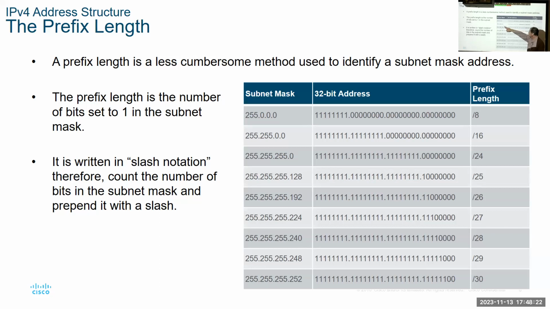With /17, for example, you'd have 255.255.128, and for /18, you'd have 255.255.192, and so forth. Same thing here, you could have a /9, which would make it 255.128, a /10, 255.192, and so forth, all the way up to /15.